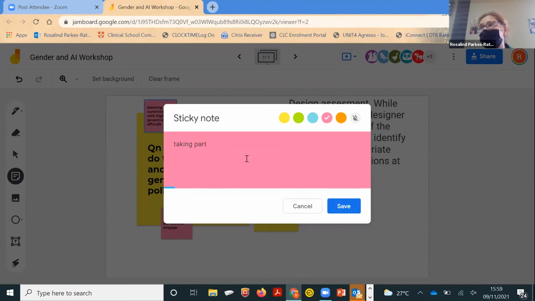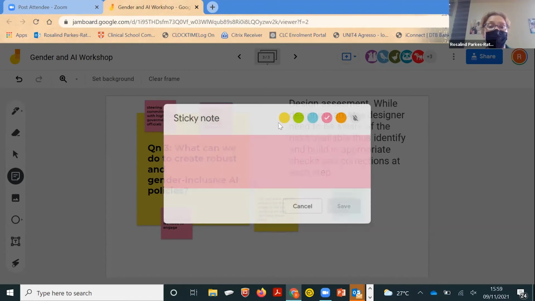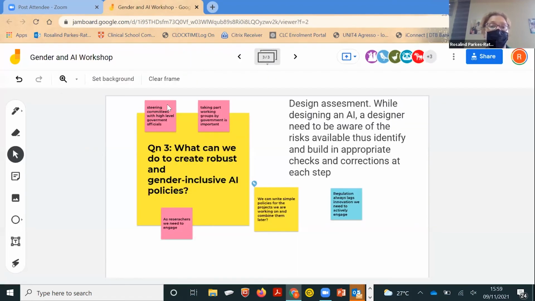So taking part in working groups set up by government is important, if they've actually got those working groups. If they don't have them, it's a different thing, but we can't just say, oh, that's not our job. If somebody asks you to take part, we need to, otherwise we don't have a right to complain about the policies.